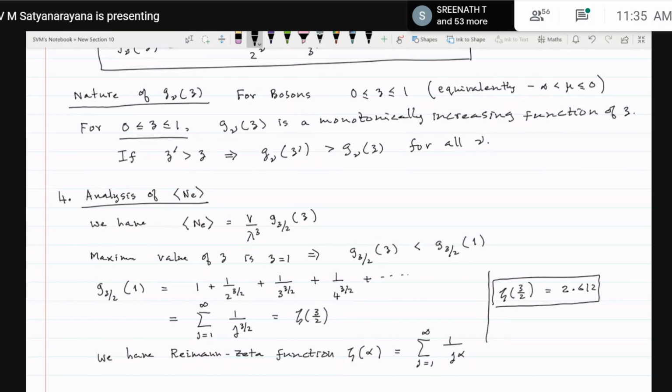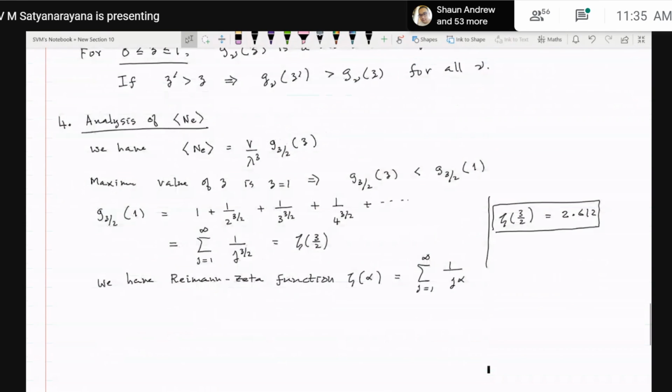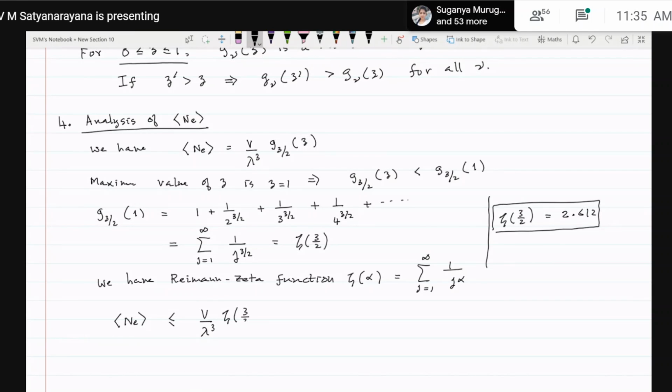So what does that mean? Whatever your Z is, the average number of particles that occupy all the excited states cannot exceed, it should be less than or equal to V by lambda cube into zeta of 3 by 2.